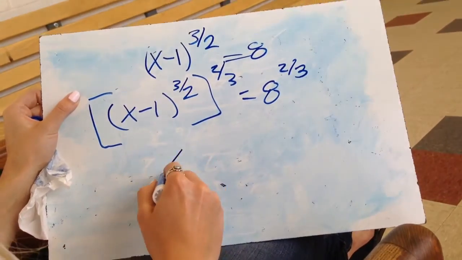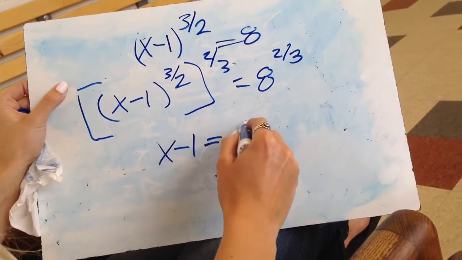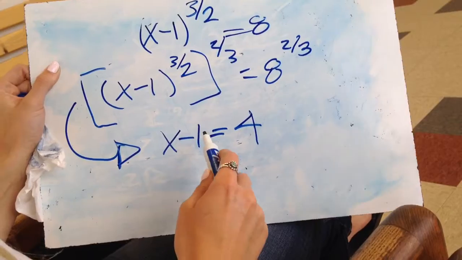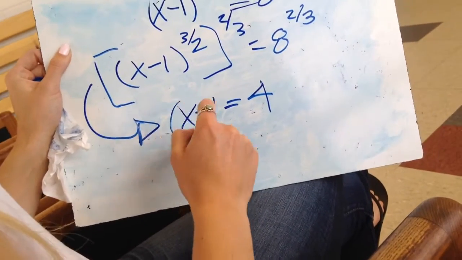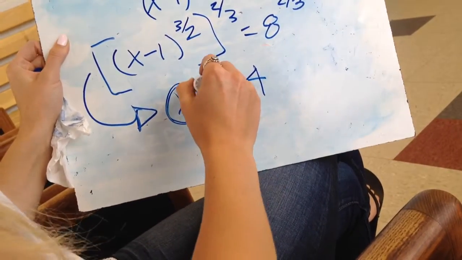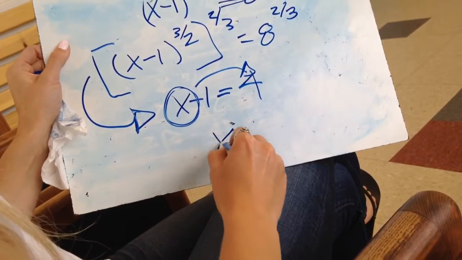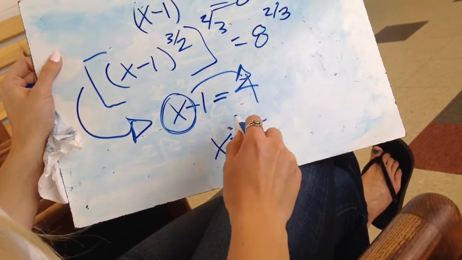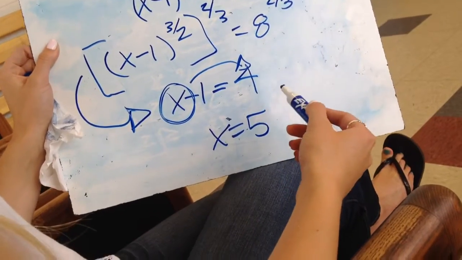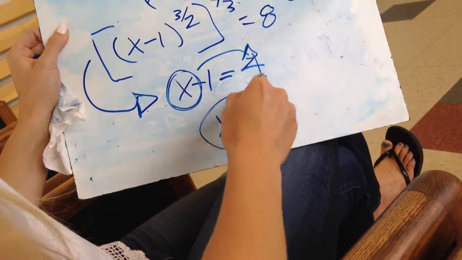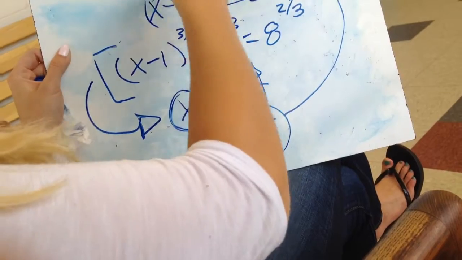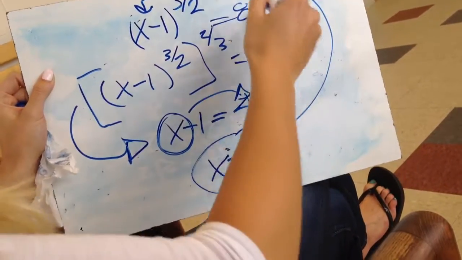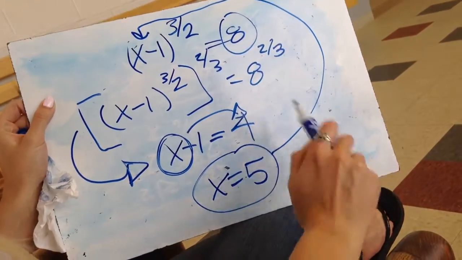So then, once you cancel it all out, you end up getting this from here, which is nice. So then you gotta get this x alone. So you gotta add this 1 over here, and you're gonna get x equals 5, which just so happens to be your answer. And if you want to check your answer, you can plug this dandy number right back into this equation, and it should equal 8. So you know it's right.